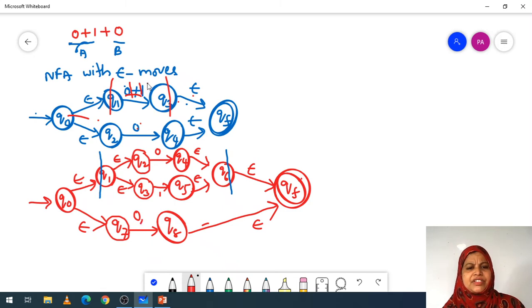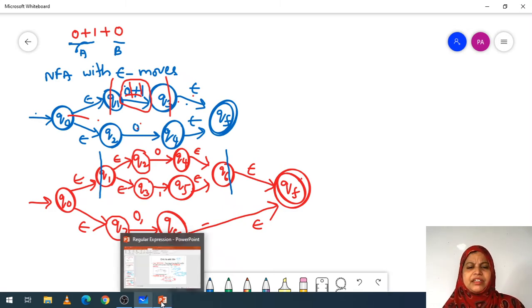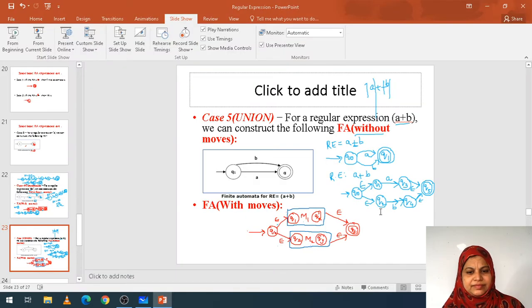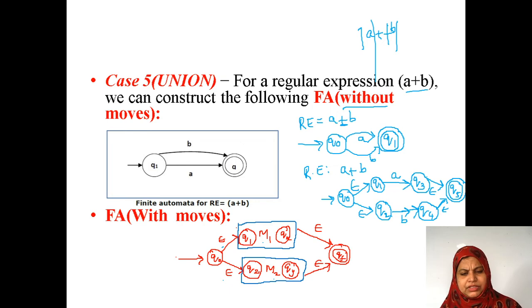Here we are having 0 plus 1, so we have to split this type of regular expression. Every single edge must consist of only one input symbol, either 0, 1 or A comma B, right, that is it. This is the union.